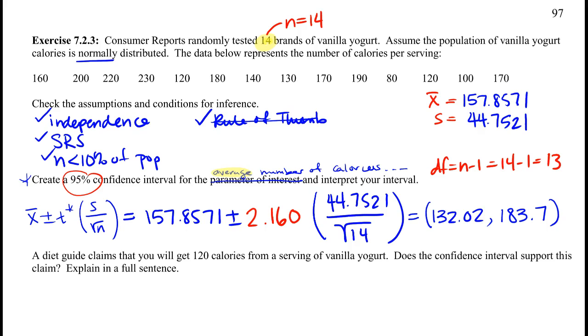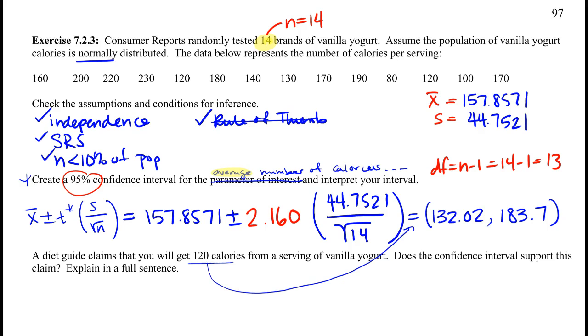And then even our idea of duality persists in part 7, right? So the next question here says, a diet guide claims you'll get 120 calories from a serving of yogurt. Does the confidence interval support this claim? So we look and we say, how does 120 compare to our interval? And just like in part 6, we see 120 is not within the bounds of my interval. It's outside of my interval.